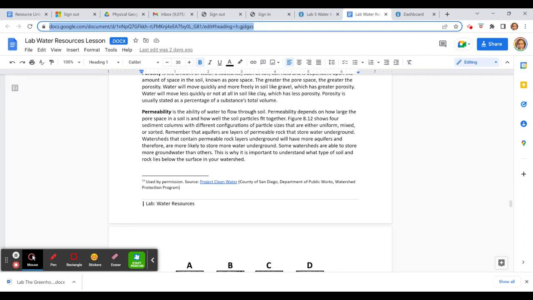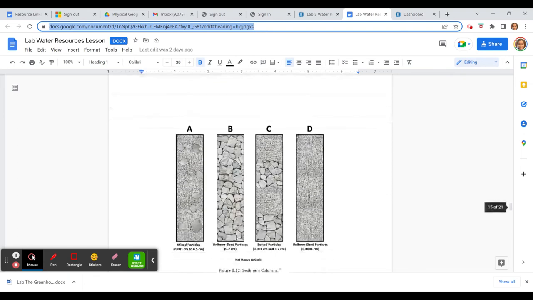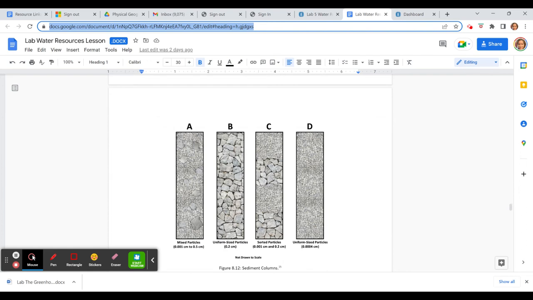Some rocks are permeable, which means that water can flow through the ground. Other rocks are impermeable, which means that when water hits that rock, it's repelled away. So it's important to understand that different kinds of soil are going to interact with water in different ways, which means that different parts of the world are going to store water.